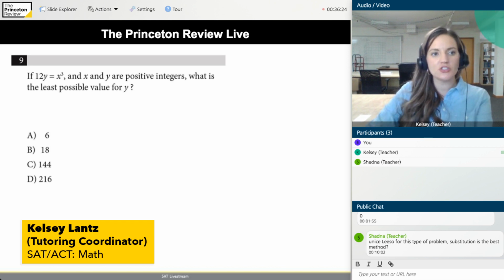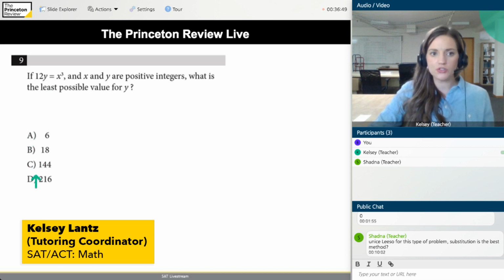So I want to pay attention that this one is a little bit different than all the ones that we've done so far. We've been starting in the middle so that, if we can figure out if something is too big or too small, we know which direction to go to try out the next one. But this one is asking for the least possible value for y. So all the possible values for y, as far as this problem is concerned, are these four.